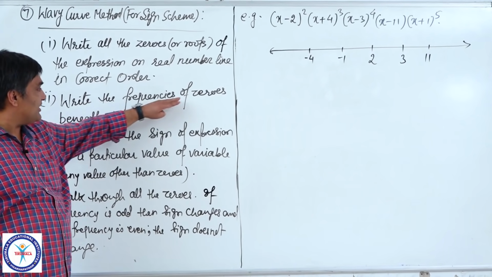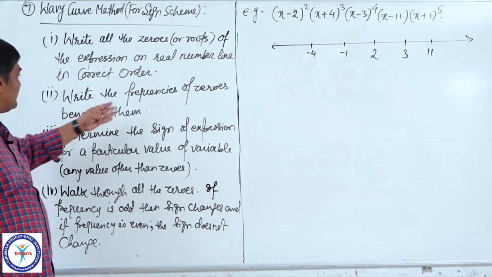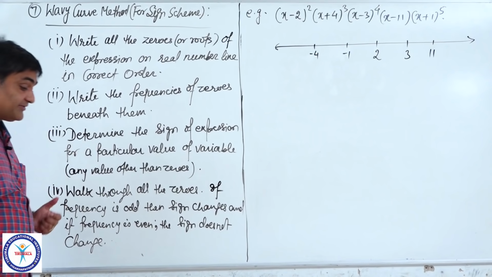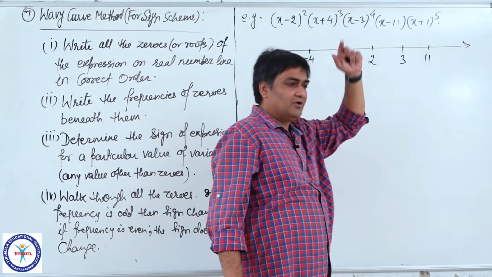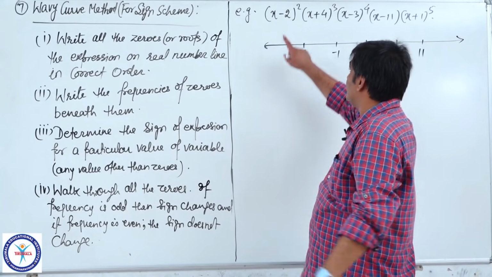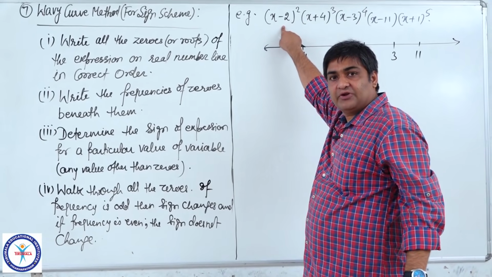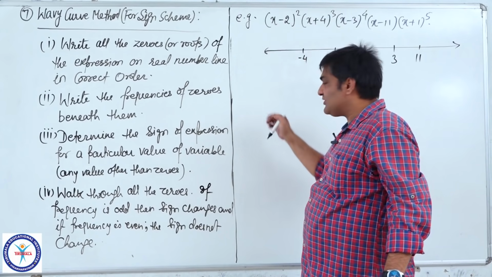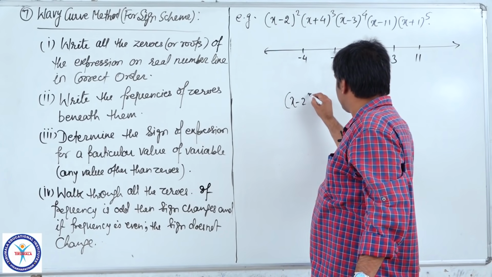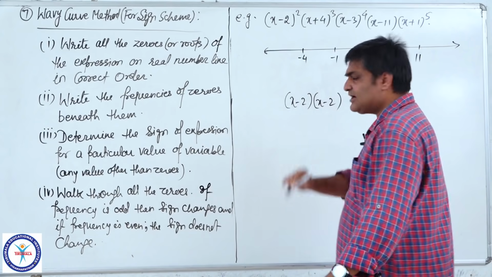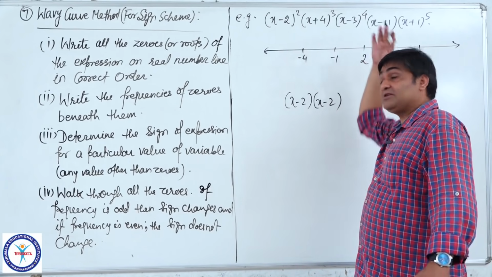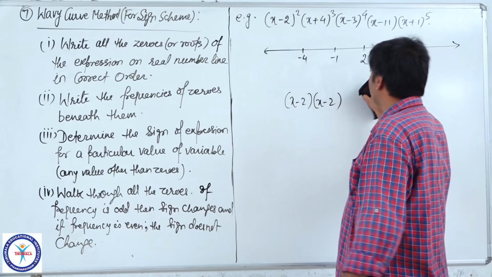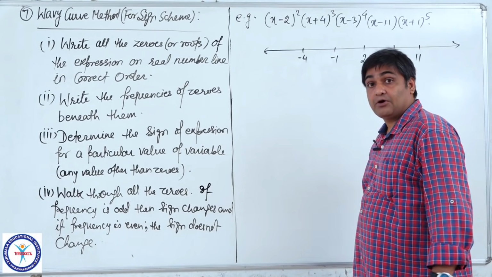Now second step. Write the frequency of zeros beneath them. Frequency means how many times that root is there. This is x minus 2 whole square. See, whole square is nothing but x minus 2 written twice, or power 4 means written four times, power 3 written thrice. So this is called frequency of roots.